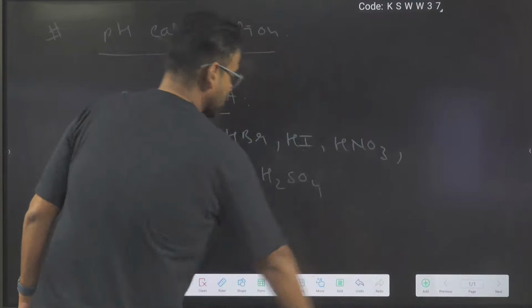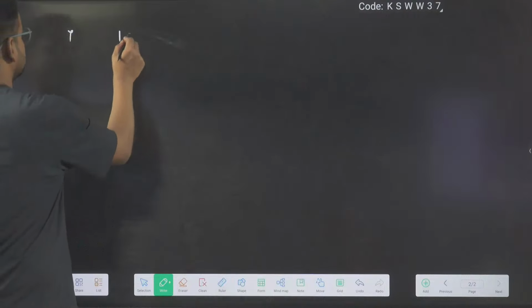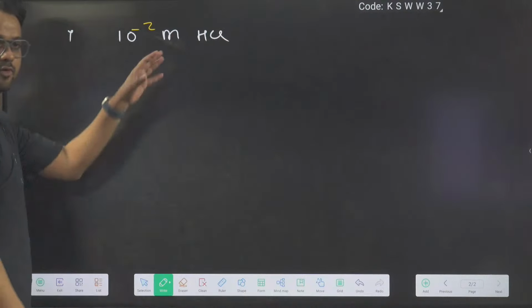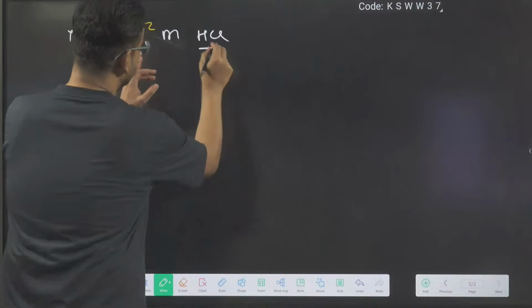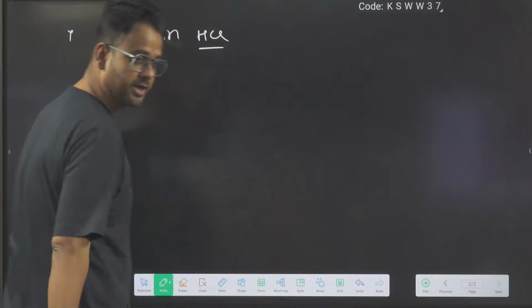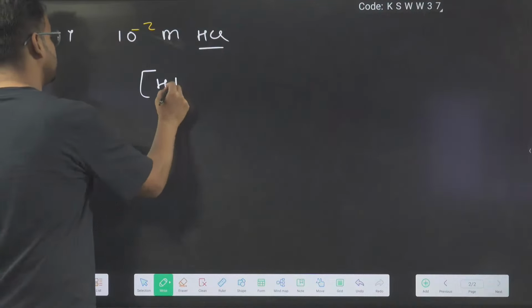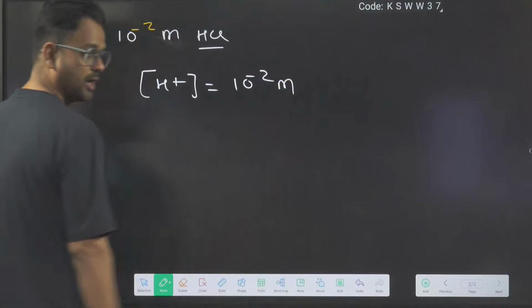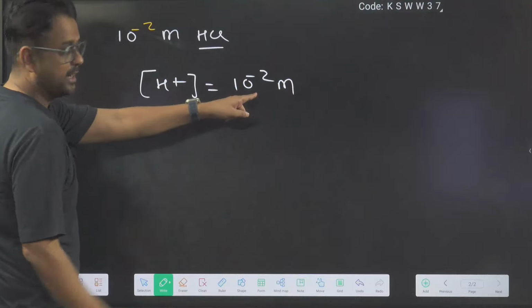All right, beta. For example, suppose somebody gives you 10 to the power minus 2 molar HCl, and you have to find the pH of it. HCl is a strong acid and it's a monoprotic acid. It will undergo 100% dissociation. So the concentration of H plus would be equal to 10 to the power minus 2 molar. Why have I been able to write this?